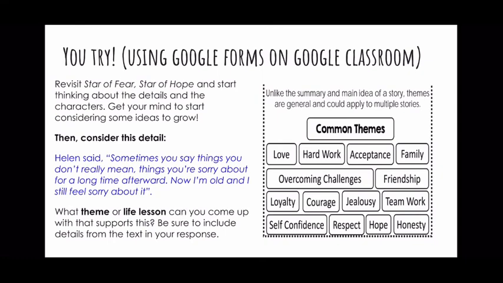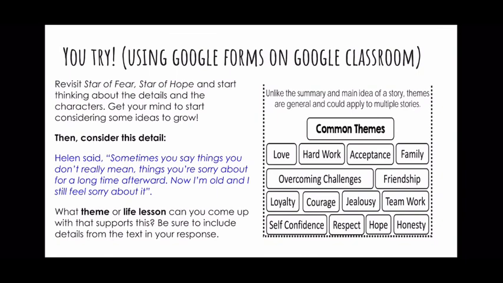So I'm giving you a detail I want you to focus on, and I want you to think about a theme or life lesson that you can come up with that supports this. You can use the common themes you see here in our chart, and if you see one that applies to that detail, tell me why. Why does that detail support family, if it does or doesn't?